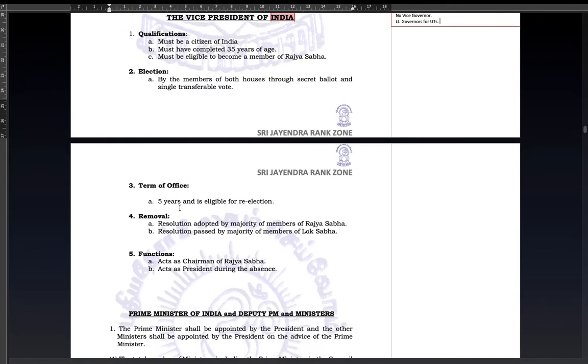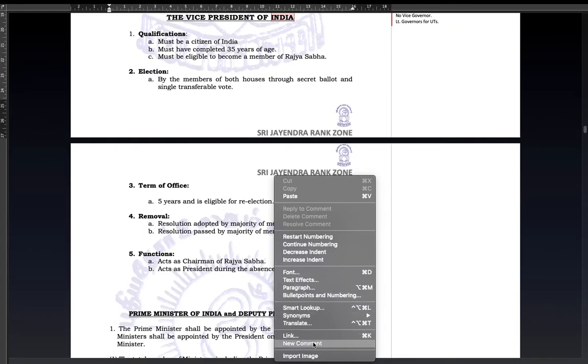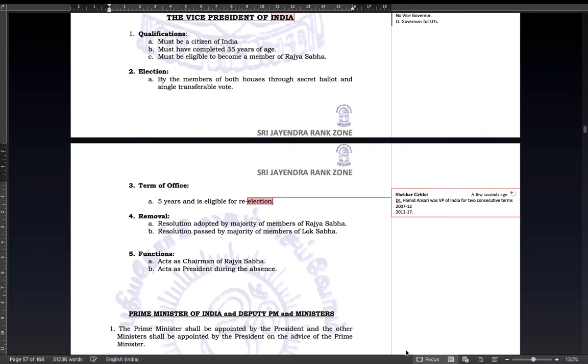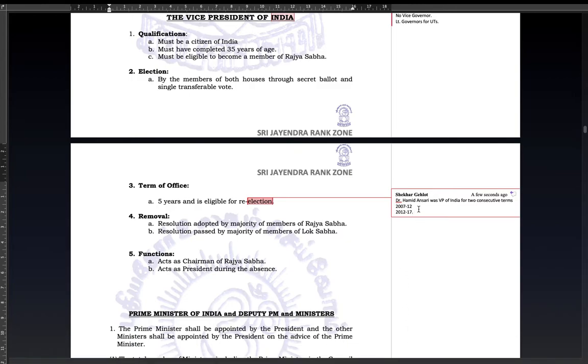The term of office of the Vice President is 5 years and he is re-eligible for election, like we have seen Dr. Hamid Ansari was VP of India for 2 terms, 2007 to 12 and 2012 to 17. Okay, Professor Hamid Ansari was re-elected for 2 terms.